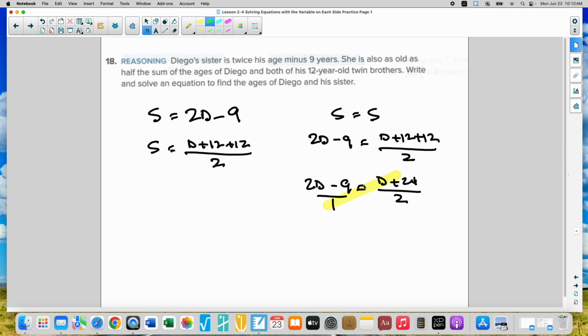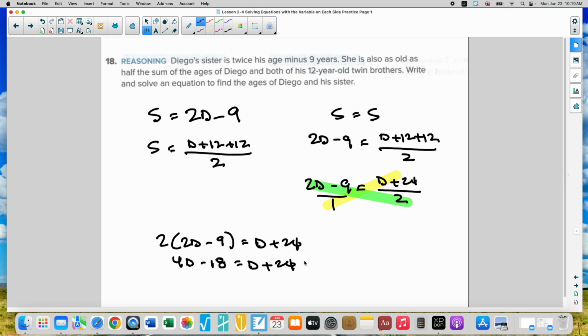That times that should be equal to this times this. I'm confident with this technique. 2 times 2d minus 9 should be equal to d plus 24, because that times 1 is just d plus 24. So let's distribute. 4d minus 18 equals d plus 24.